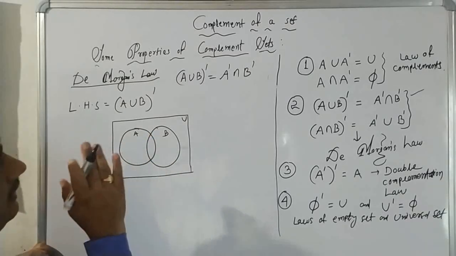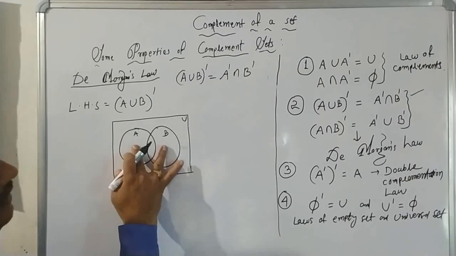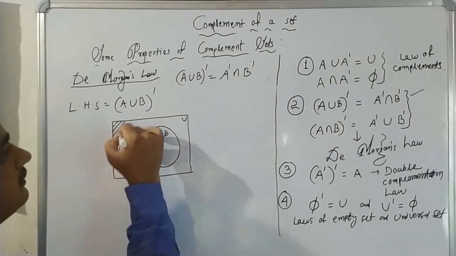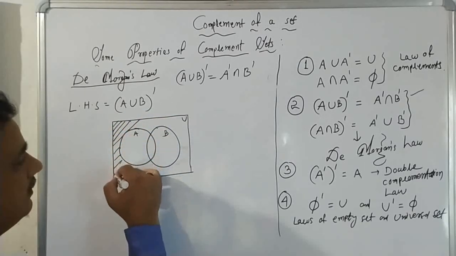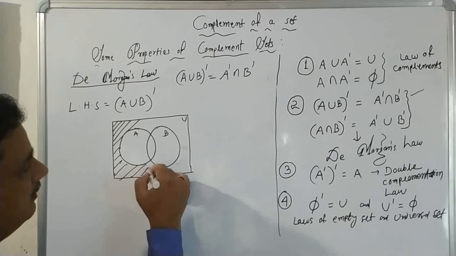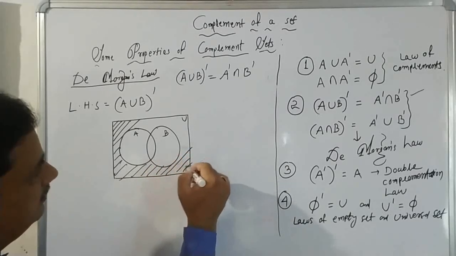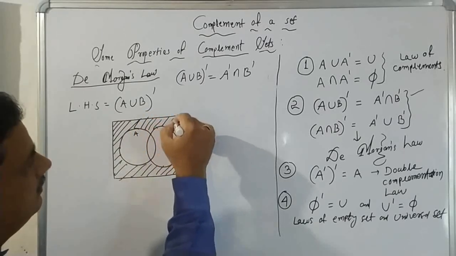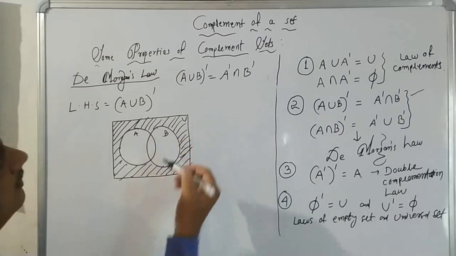So here A union B whole dash is the complement of A union B. That means the elements that do not belong to A union B. So which elements?